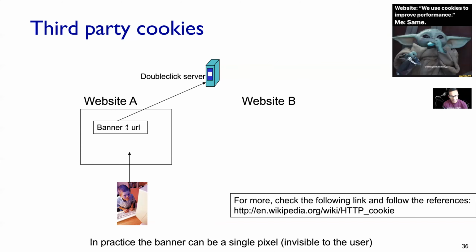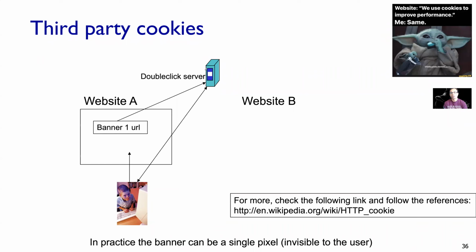And one of those URLs will actually point to the DoubleClick server. So to actually fetch this banner, my browser has to set up a TCP connection with the DoubleClick server, then go and obtain this particular object, the banner, from the DoubleClick server, right?